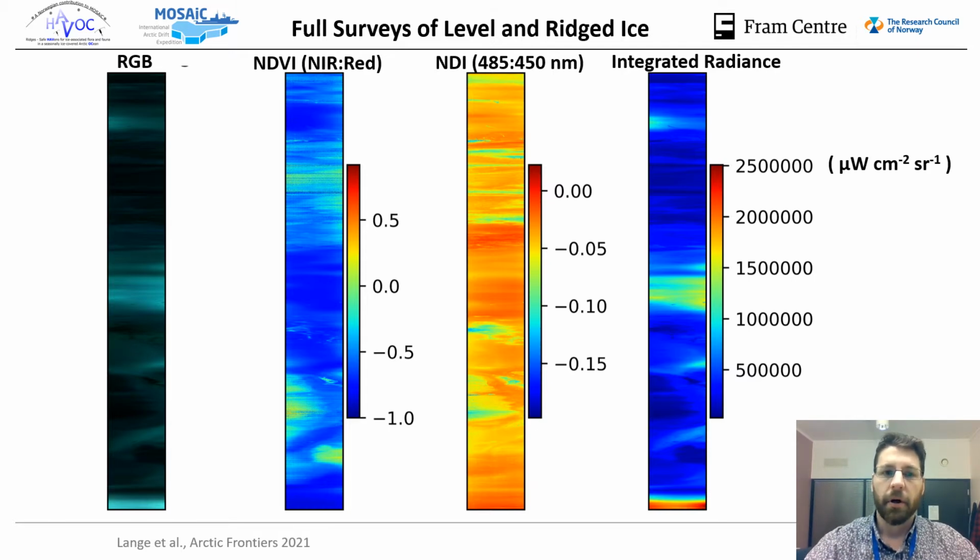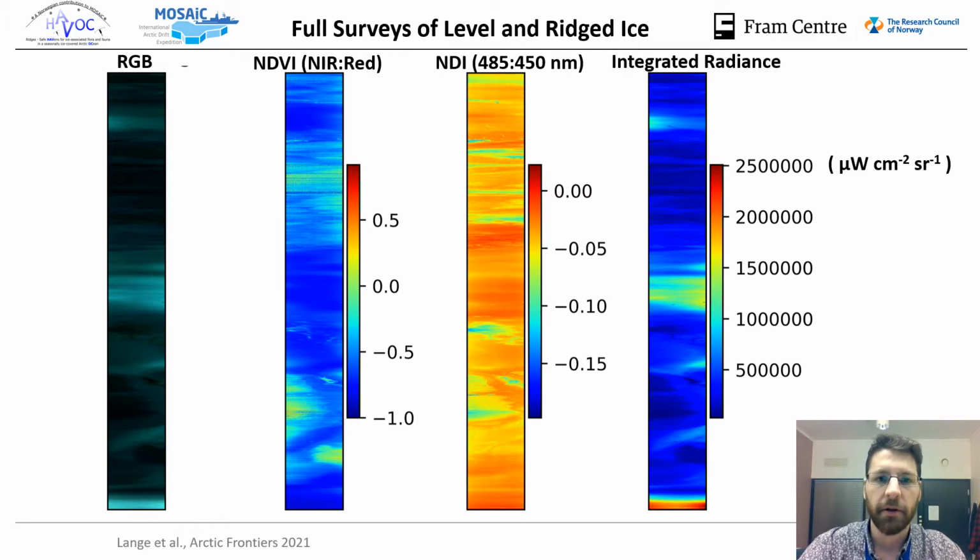Yeah, so we have just the regular RGB combination to get a visible impression of what's happening at the ice, and you can see a lot of melt ponds, strands and forests. So this is what I used in some of the other algorithms to develop classification. And then we used a more typical remote sensing algorithm, the normalized difference vegetation index.